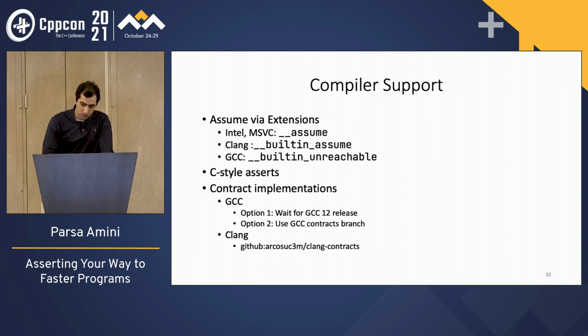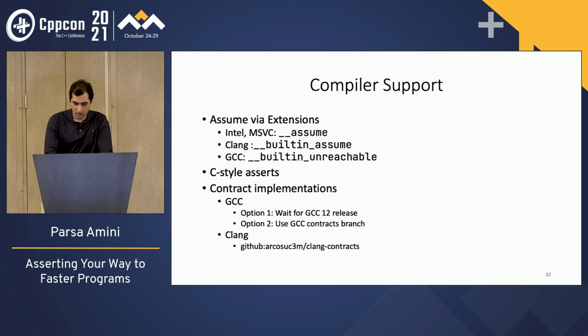As for contracts, if you want contracts, C-style asserts already exist. You can use them to enforce your contracts. The caveat is that they're asserts, they're macros, and they're not structured C++ syntax. But if you want actual contract implementations, either you can wait for GCC 12.